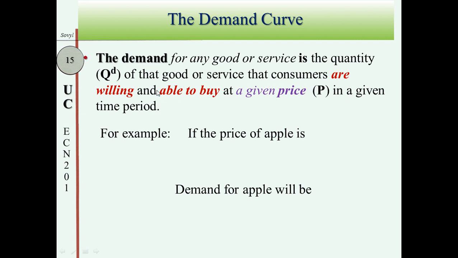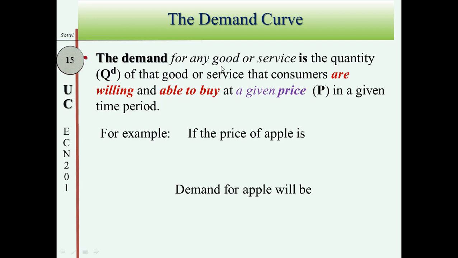Remember that in objective 1 I have one question, the red question. So what does it mean, demand for a good or service? This is the answer, make sure that you understand it.